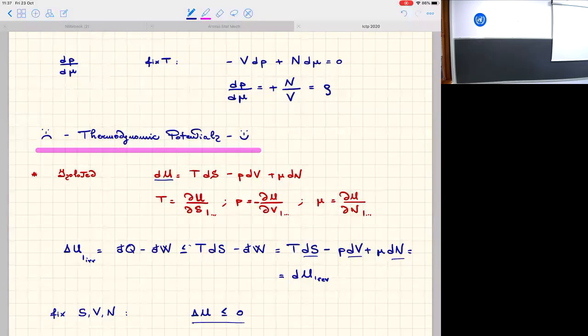At the same time, this means the following: if I use this relation here, I can write in general that dW is always smaller or equal than TdS minus dU.